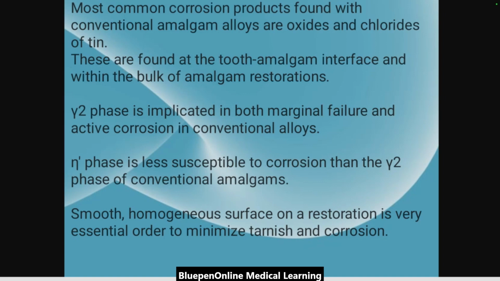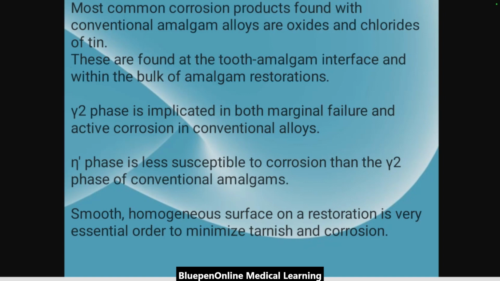Gamma 2 phase is the one which will weaken the tooth structure to a greater extent because of its participation in marginal failure and in the corrosive process also. Eta phase is less susceptible to corrosion than gamma 2 phase of conventional amalgams. That's why, as eta phase is present in high copper amalgams, especially the spherical single composition alloy, it is not that susceptible to corrosion.